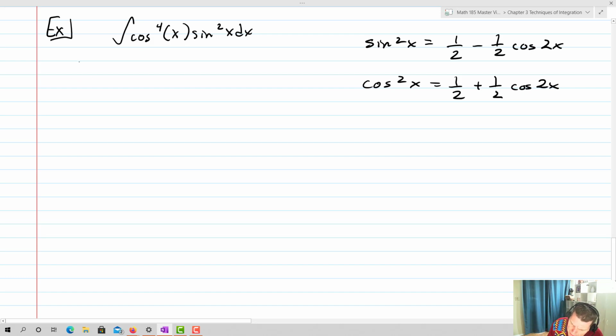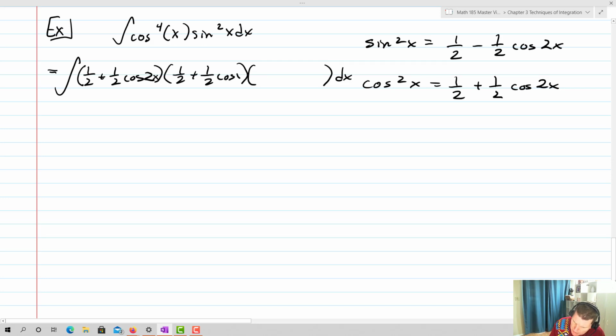So the first thing that I'm going to do is I'm going to let this equal the integral now, and I'm going to actually write this whole thing out as 3 terms with our dx, and it'll end up being 1/2 plus 1/2 cosine 2x, 1/2 plus 1/2 cosine 2x, times 1/2 minus 1/2 cosine 2x.